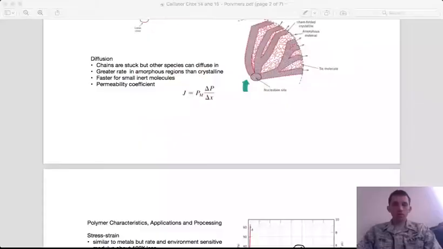Okay, so I'm going to go ahead and share the Polymer notes. Oops, that's not it. Wrong one. Let's go ahead and share.